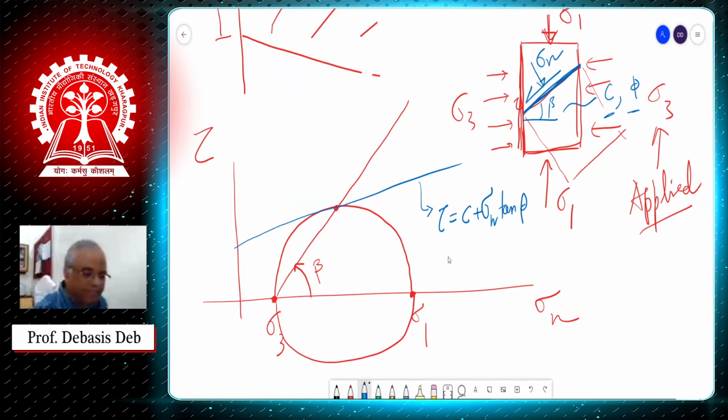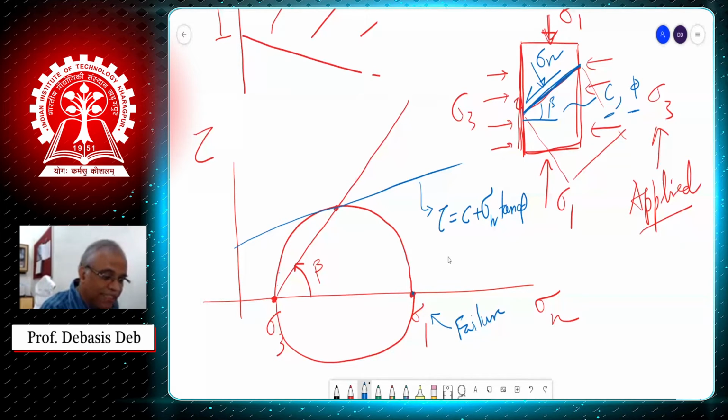Now why am I saying this? See, this circle, this is what you have to understand. Each circle I have drawn, each point represents a failure case, because this is the failure stress.